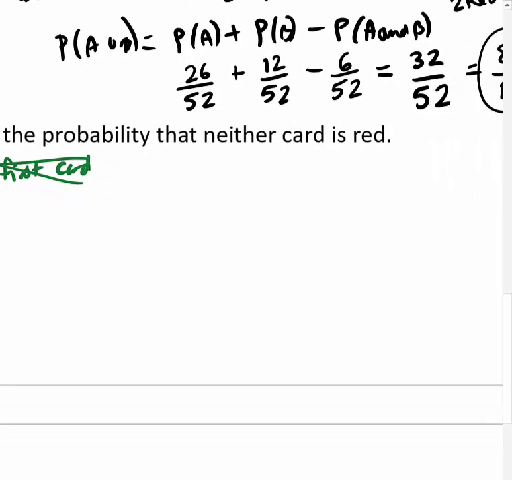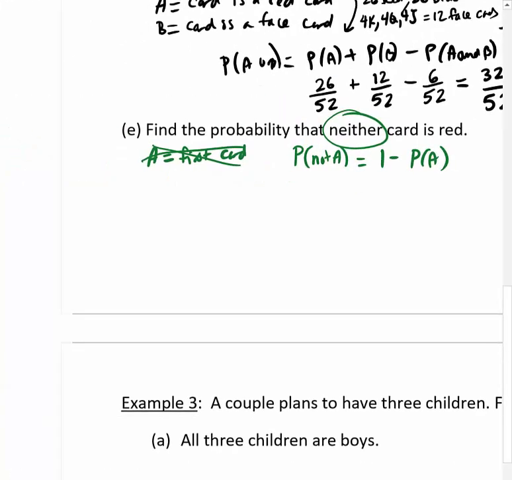This one I think we can use something from a previous section: the probability of an event not happening is 1 minus the probability of it happening. Because I see the word neither, it sounds like the opposite of something, the opposite of it being red. So if that's event A not happening, neither card is red, then event A would be 1 card is red, at least one of them.